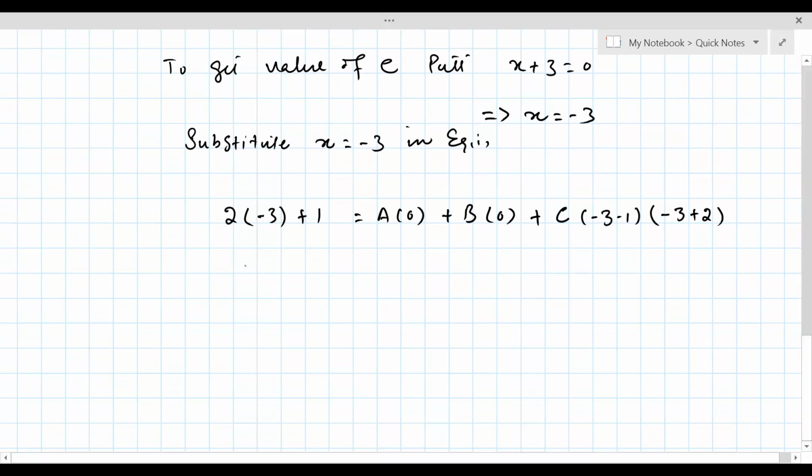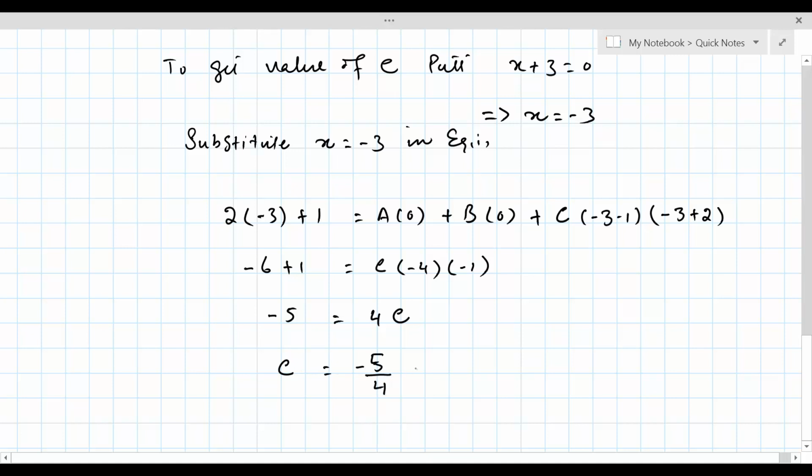So now this will become minus 6 plus 1 equal to c into minus 4, and for the second it becomes minus 1. So this is minus 5 here on left side equal to 4c. So this gives us c equal to minus 5 over 4.